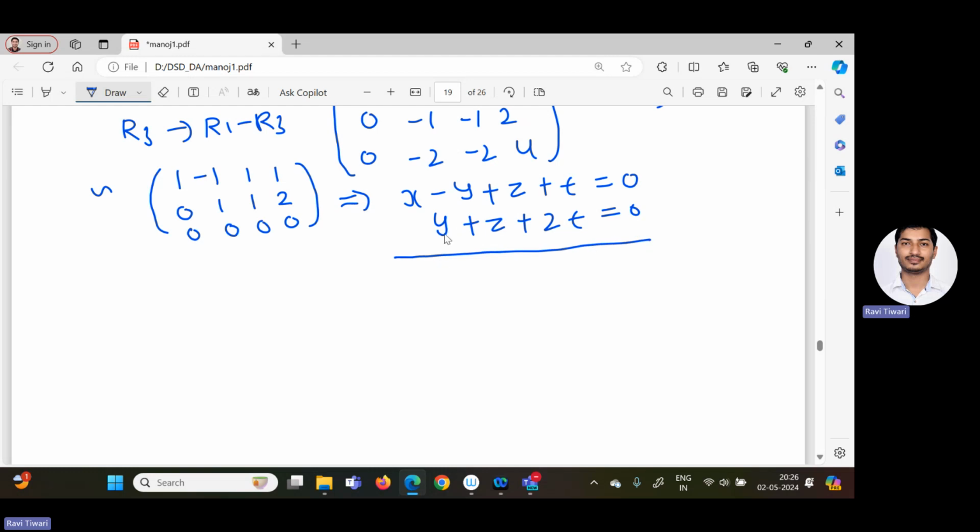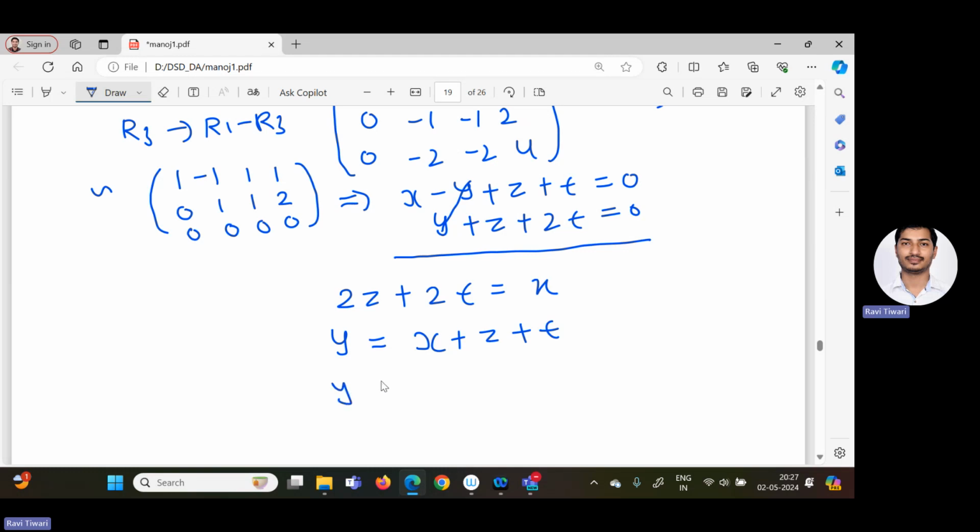If I add these two equations, minus y and plus y cancel out, and z plus z is 2z. So we can get x equal to 2z plus 2t. So x value we are getting 2z plus 2t. Now what will be the y value? We can write y equal to x plus z plus t, and x we are getting 2z plus 2t.